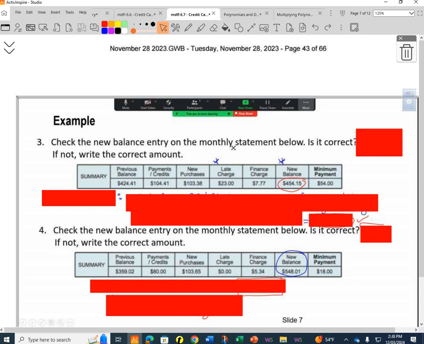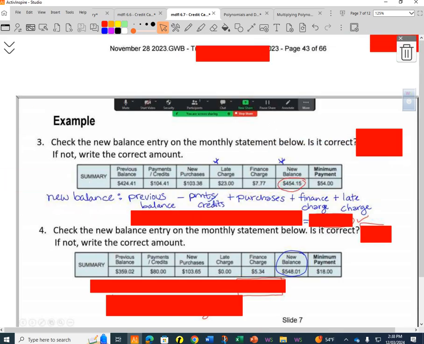Check the new balance entry on the monthly statement below. Is it correct? If not, write the correct amount. So the new balance should be equal to, we said, the previous balance minus payments and credits plus purchases plus finance charge plus any late fees. So previous balance, payments and credits, we're subtracting, adding purchases, adding the finance charge and the late fee.